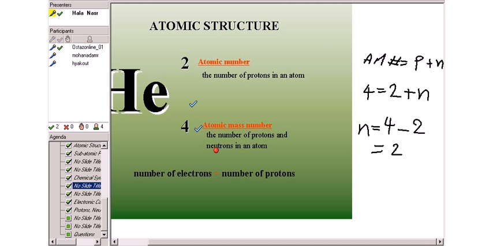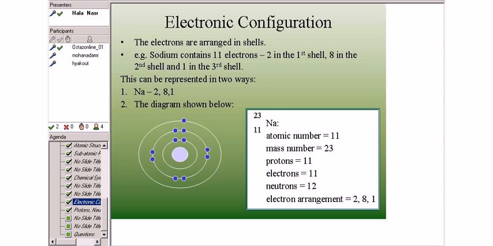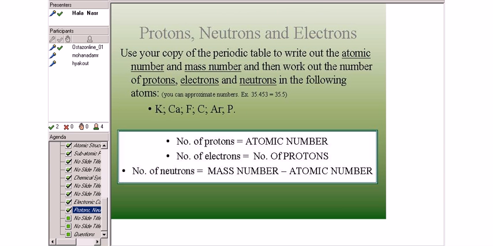Shall we try another example? Okay. Now I need you to write down these examples. The potassium is 19. I'll make it easier for you right now because we won't have the periodic table.